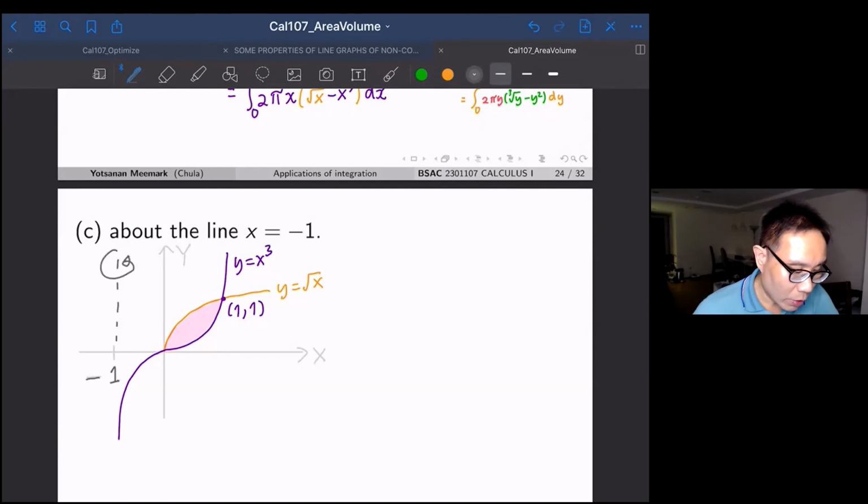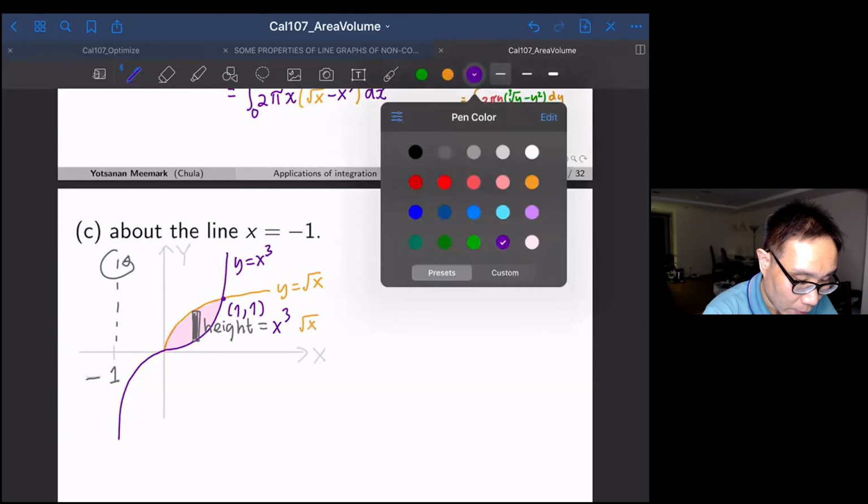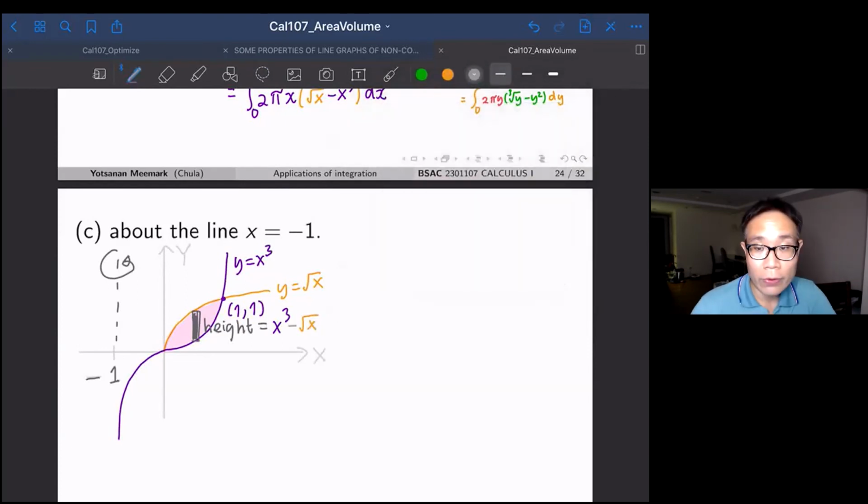So you're gonna have it parallel. So you draw the height first, and the height in this case turned out to be x cubed minus square root x. Okay, so you have the height equal to x cubed minus square root x.